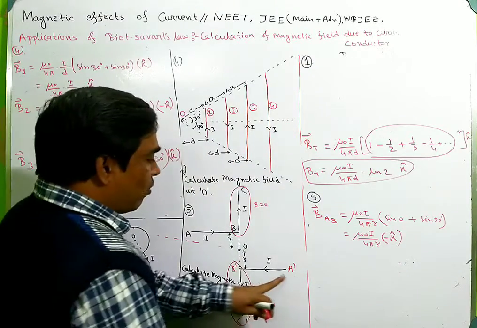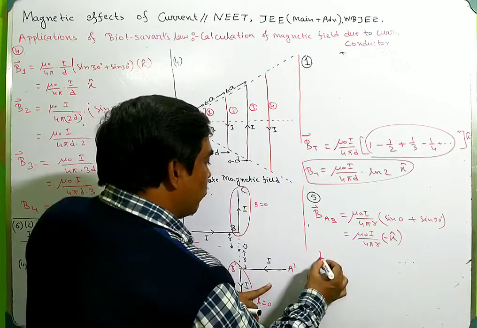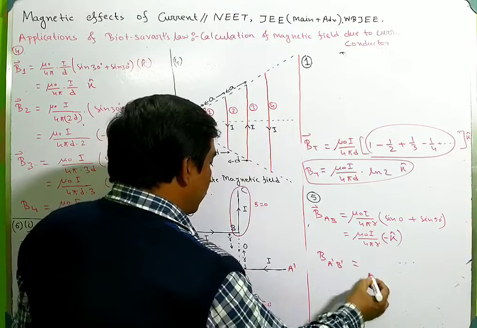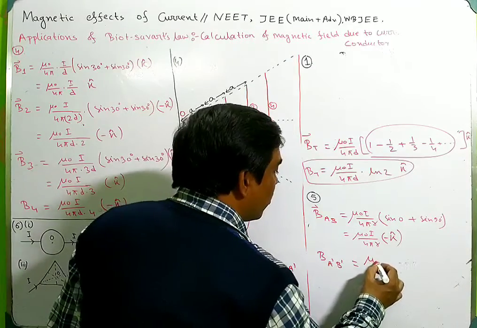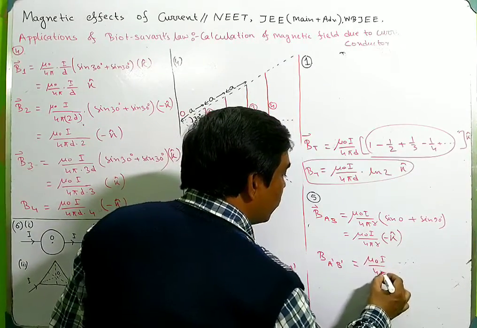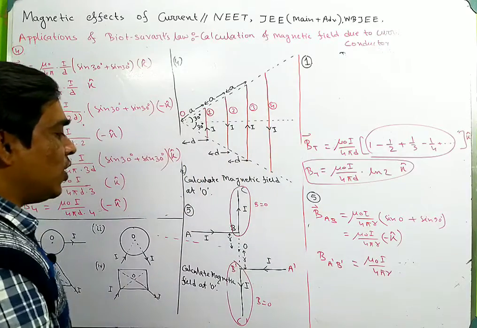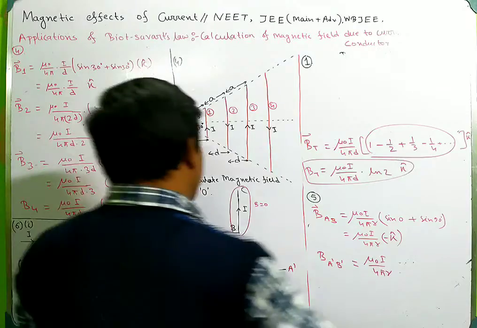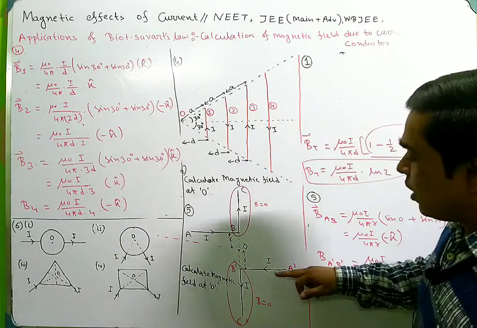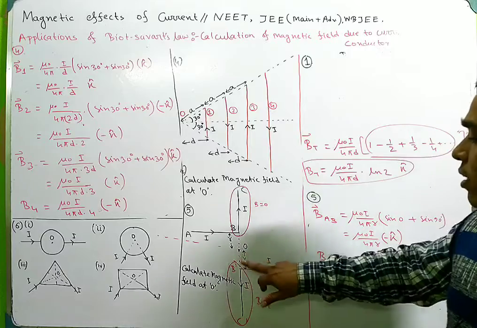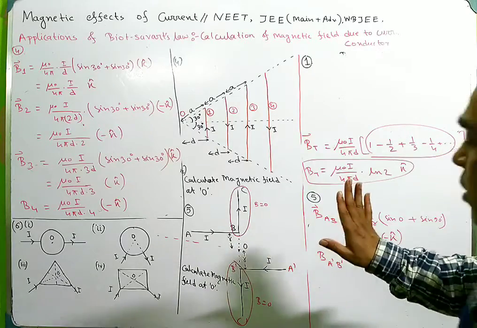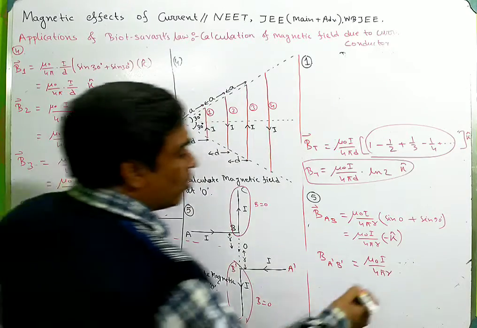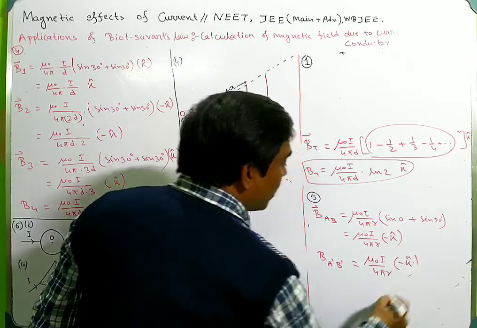If you want to calculate the magnetic field for A dash B dash, it will be similar, mu 0 I by 4 pi r, and the direction is also inward, so it is also minus k cap.